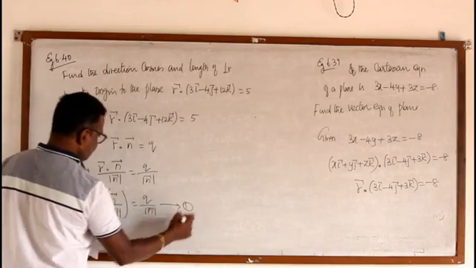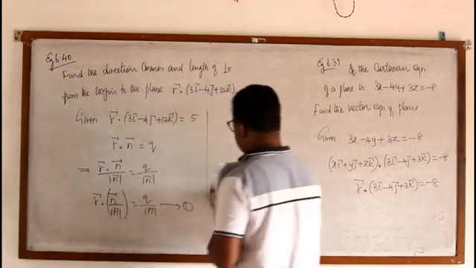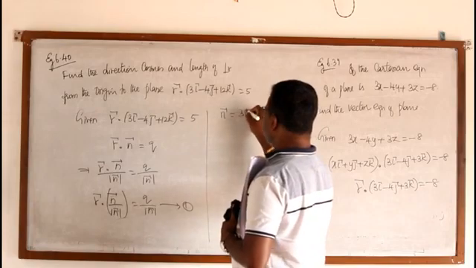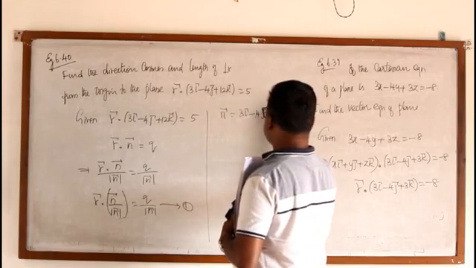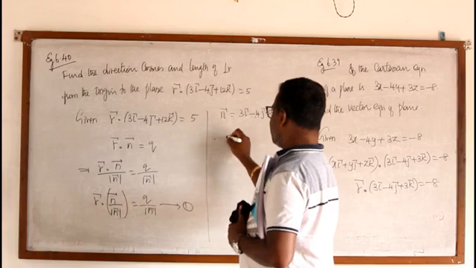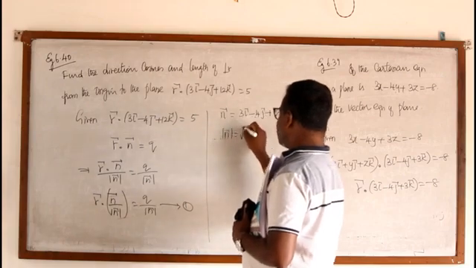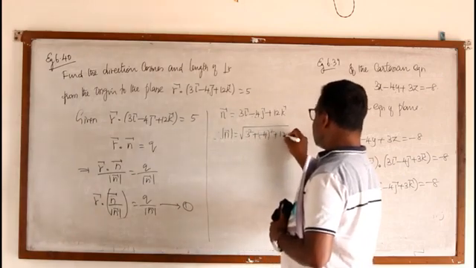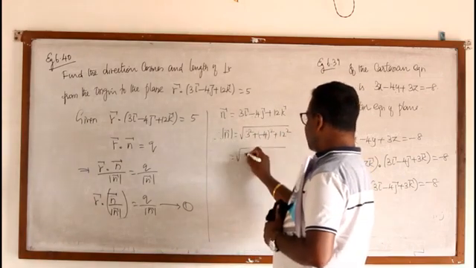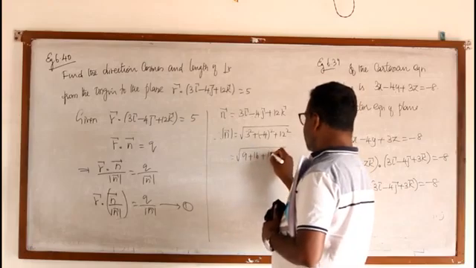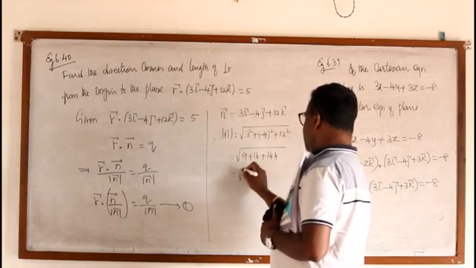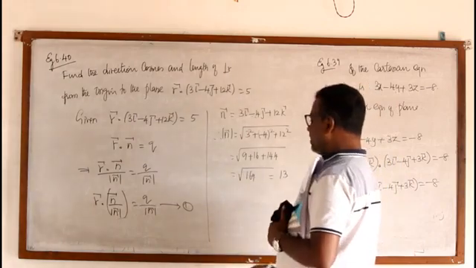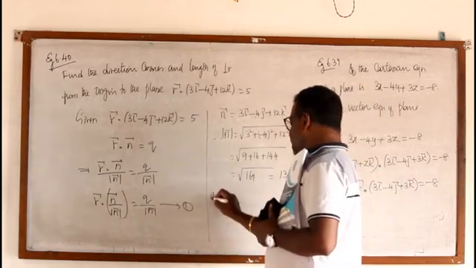So this we should keep as 1. Now n vector is 3i minus 4j plus 12k. Therefore, modulus of n vector is root of 3 square plus minus 4 the whole square plus 12 square. So it is 9 plus 16 plus 144. 144 plus 25 is 169. This is 13.